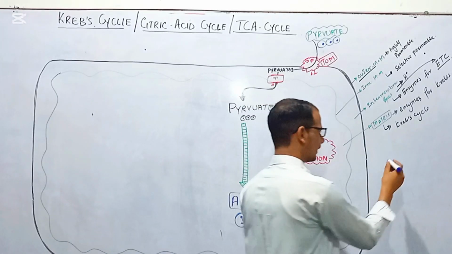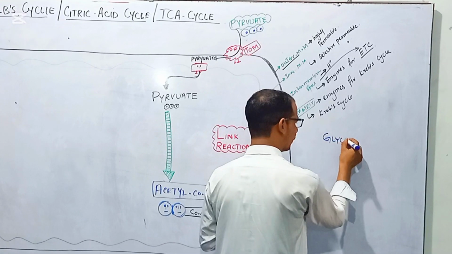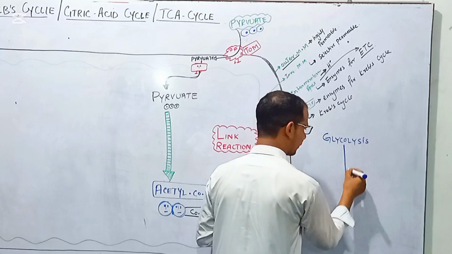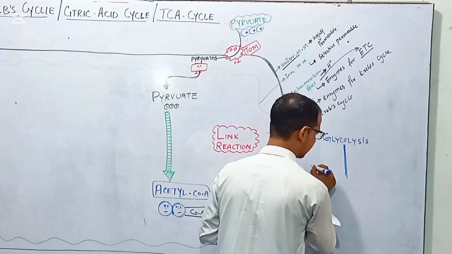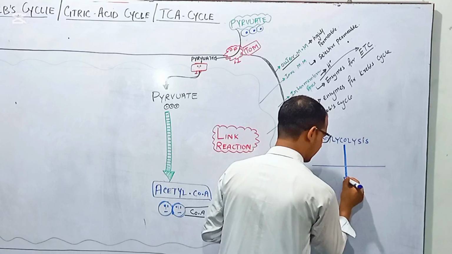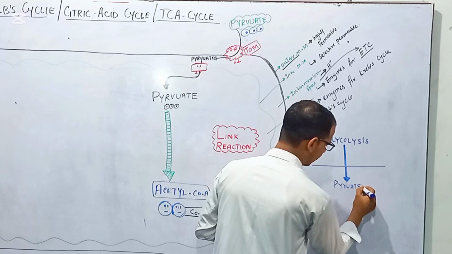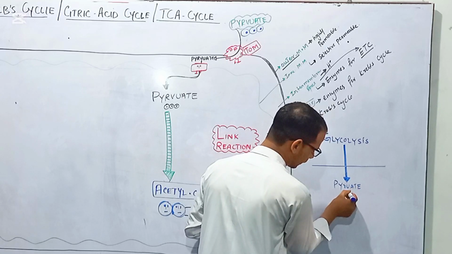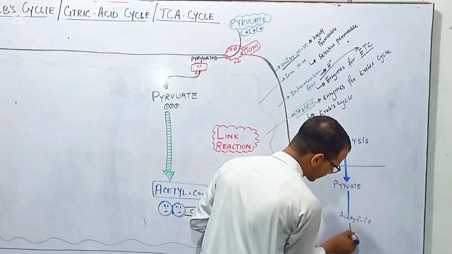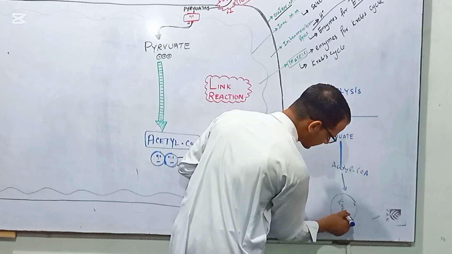For example, here we have glycolysis, and after glycolysis, this is the mitochondria, it converts into pyruvate, and this pyruvate will convert into acetyl CoA, and this acetyl CoA will undergo Krebs cycle.